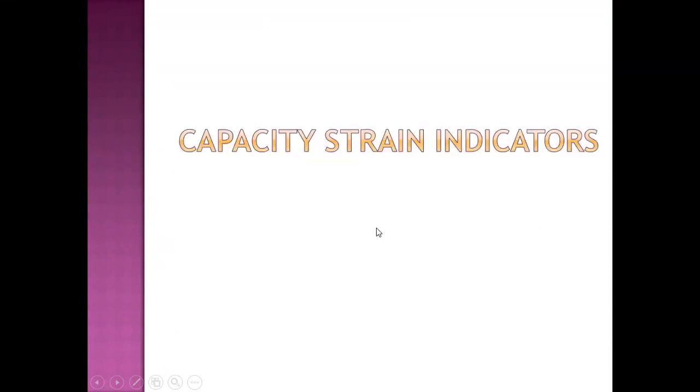Now, finally, let us see what are the indicators which indicate capacity strain.